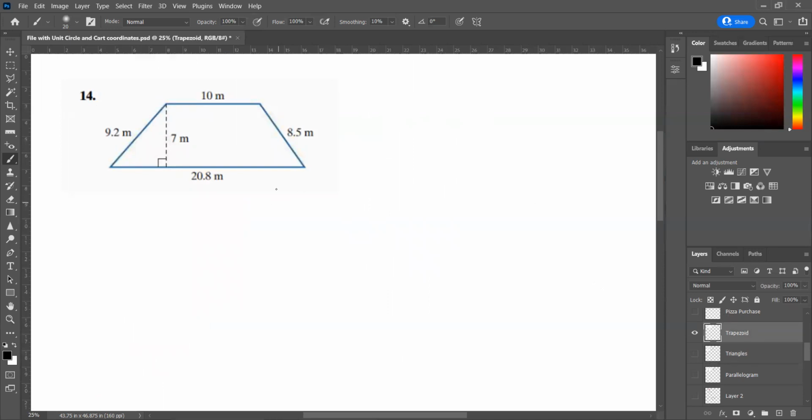We said the area of a trapezoid is 1/2 the sum of the bases times the height. So we've got 1/2. The bases are the two sides that are parallel to each other. So we've got 20.8 plus 10 times the height, which would be that perpendicular distance between the two.